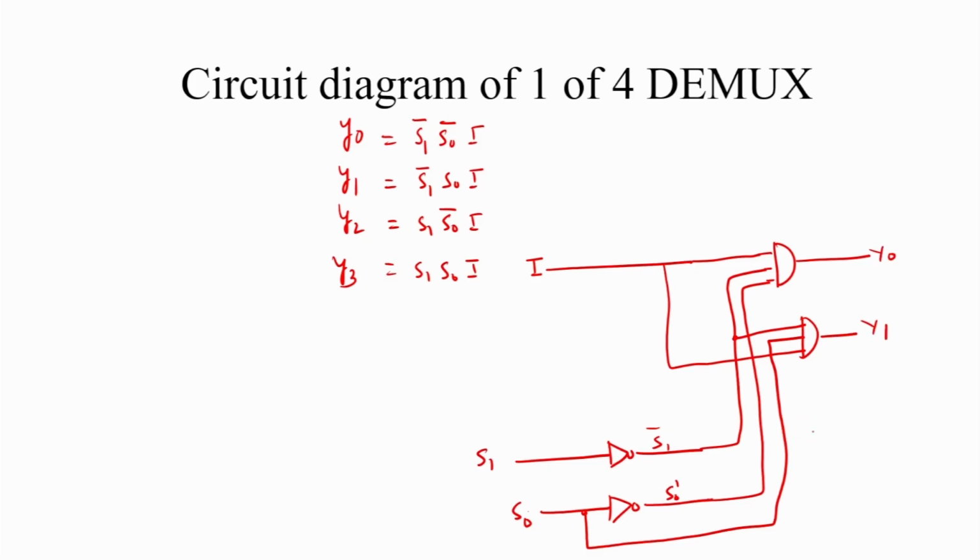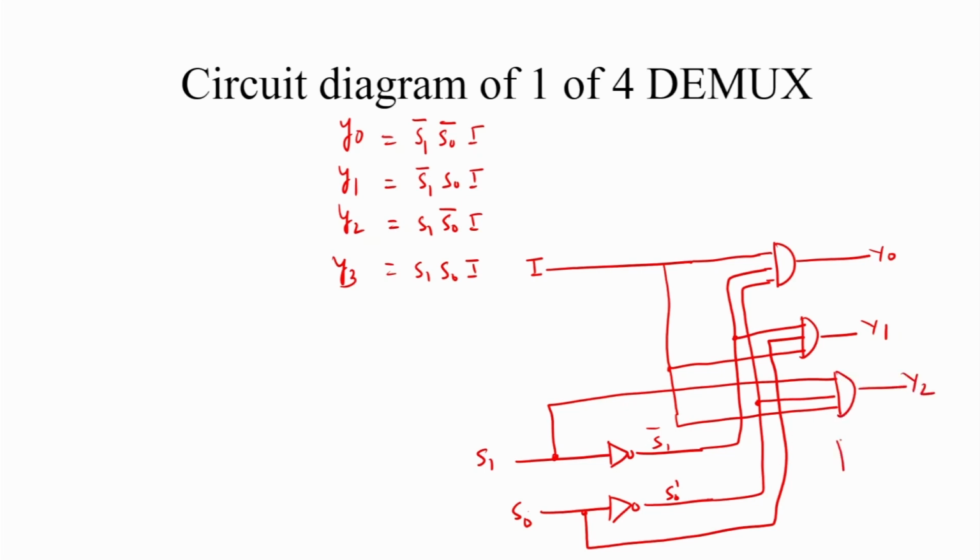Similarly, the third AND gate has 3 inputs: first S1, which goes from here, second S0 complement, which goes through here, and I is taken from here. These 3 are connected, and this represents y2.